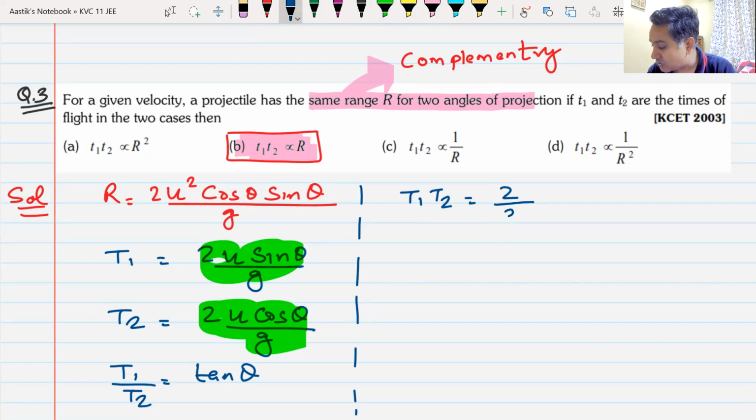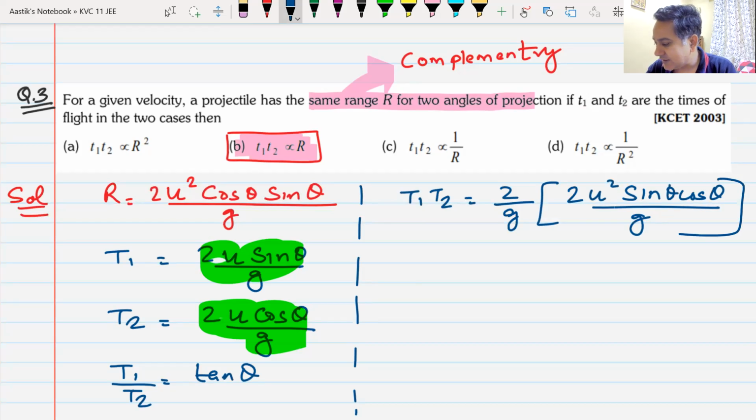I can write it as 2 by g multiplied by 2 u square sin theta cos theta by g. Now this entire thing actually becomes your range. So basically I can write T1 T2, and remember this as a formula, 2R by g.